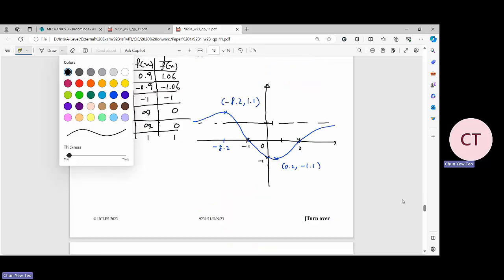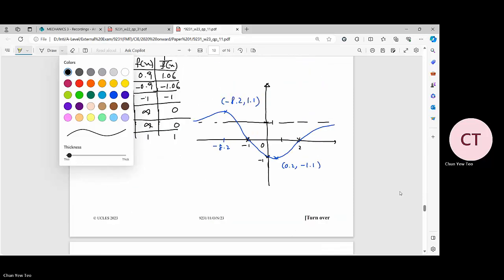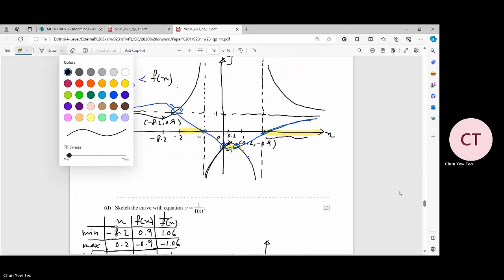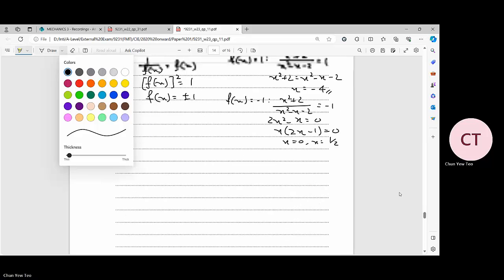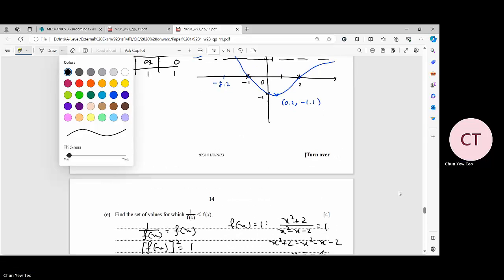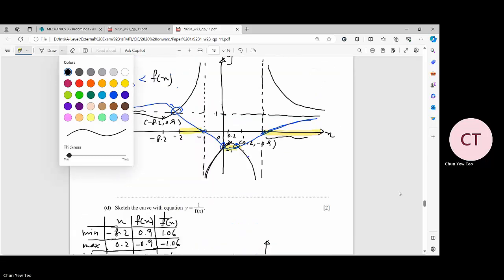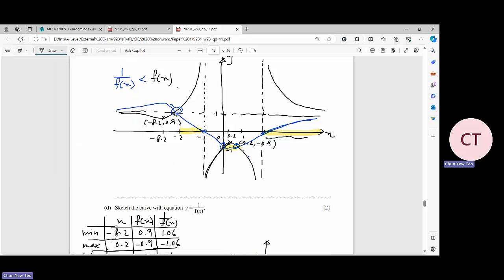So the answer will be negative 4. Hey, wait, I calculate wrongly. Negative 4. X is negative 4. Oh, okay. So this is negative 4. Not I calculate wrongly. It's just that my scale doesn't correct. It's not so correct. So it looks a bit weird. So it's negative 4.